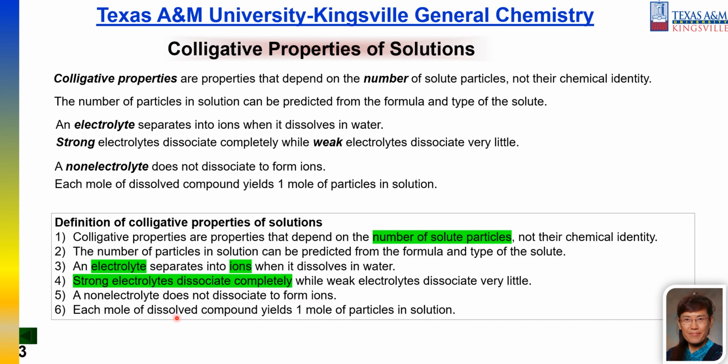Each mole of dissolved compound for a non-electrolyte yields 1 mole of particles in your solution. So a non-electrolyte is considered an ideal solution. When you have a non-electrolyte dissolved in water, for example, you consider that solution an ideal solution.